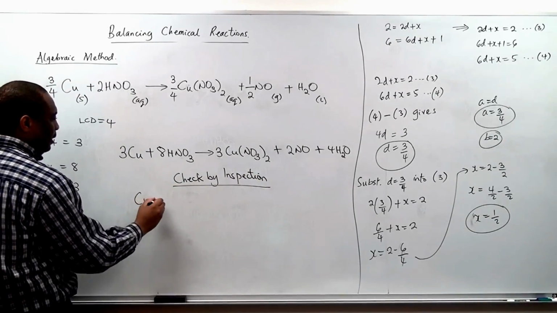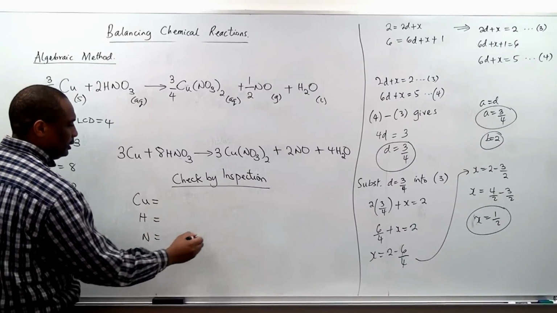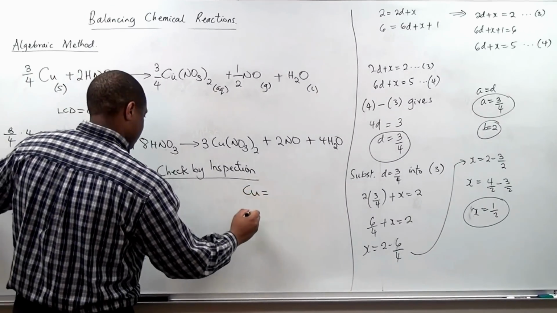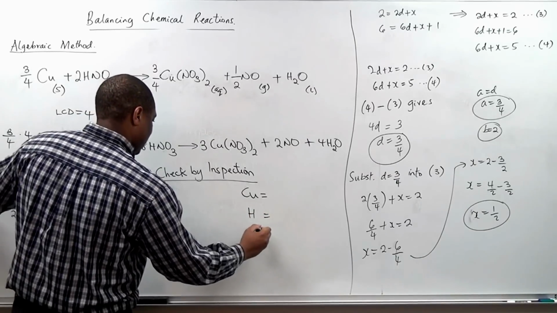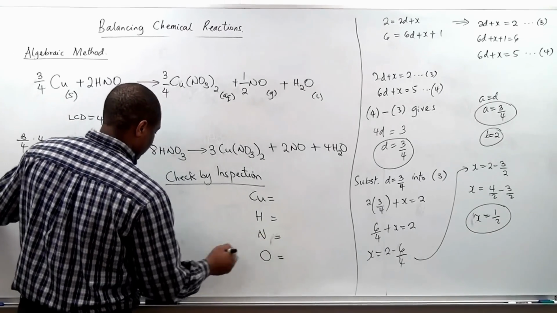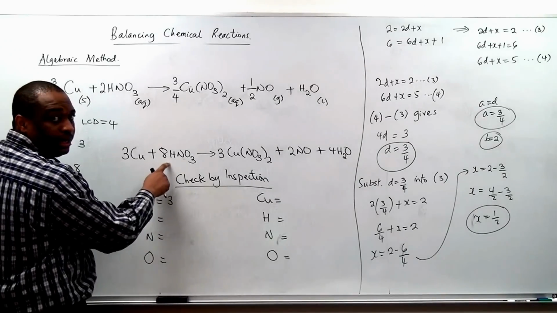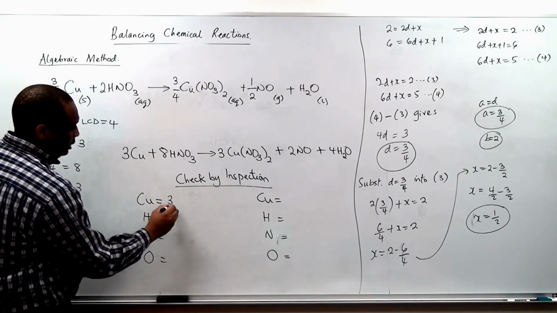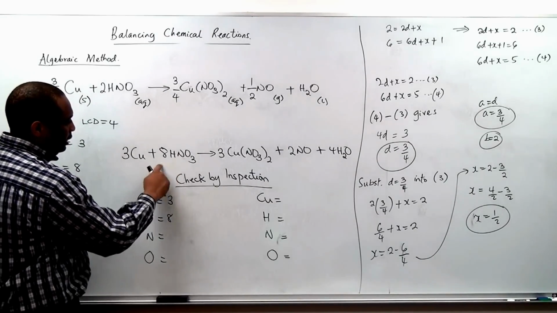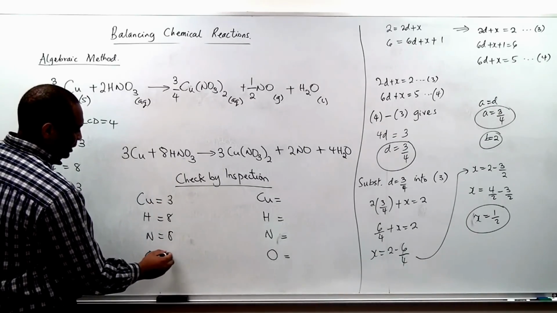We have that copper, hydrogen, nitrogen, oxygen, copper, hydrogen, nitrogen, oxygen. So copper is 3 here, hydrogen is 8 here, nitrogen is 8 here, oxygen is 3 times 8, 24.